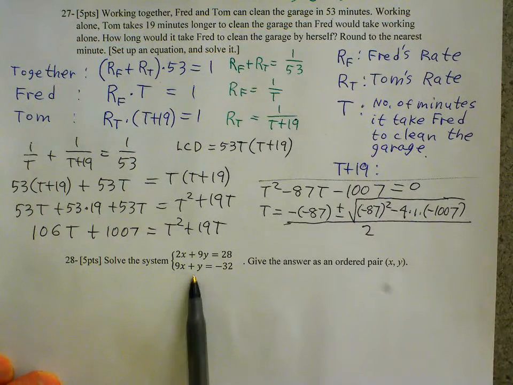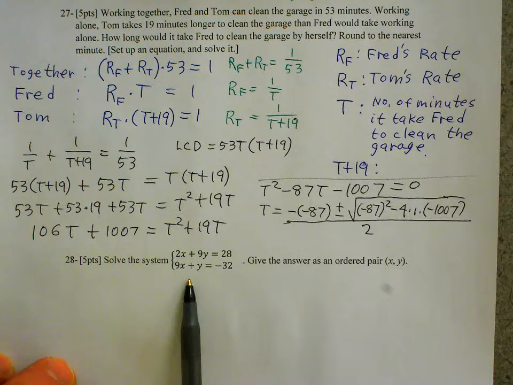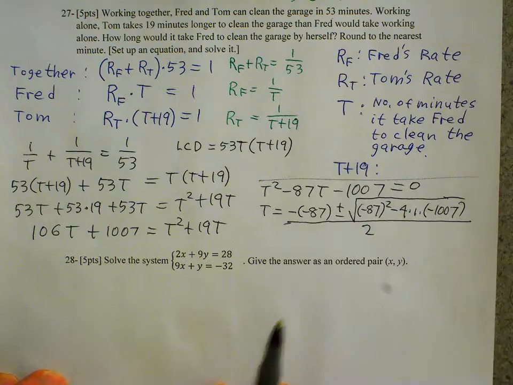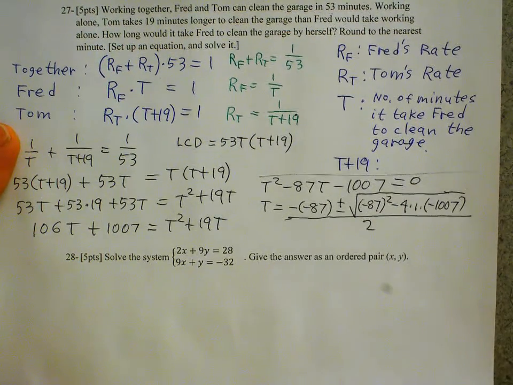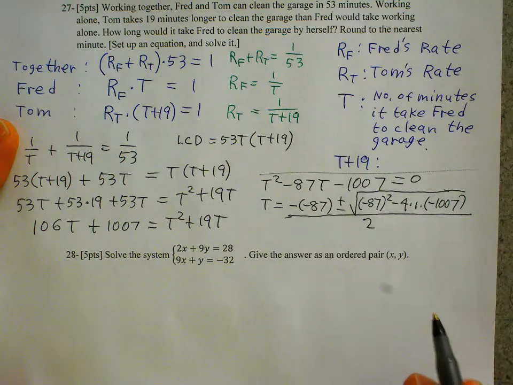Well, we have 2 algebraic methods: either the substitution method or the addition method, also called the elimination method. So maybe the substitution method will work if you solve the bottom equation for y.